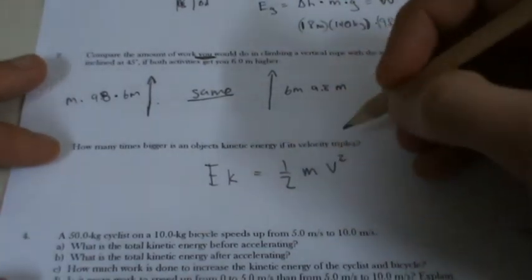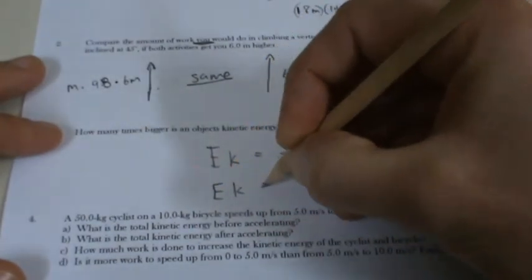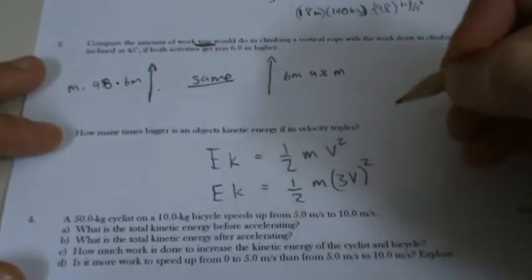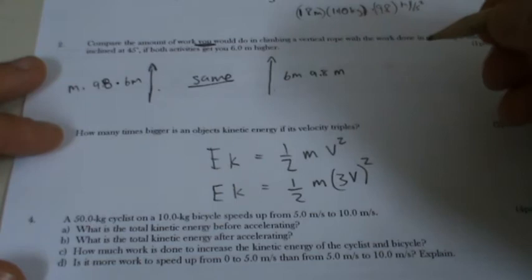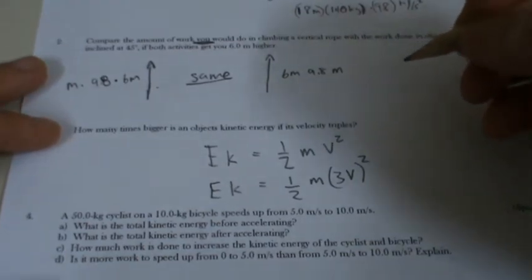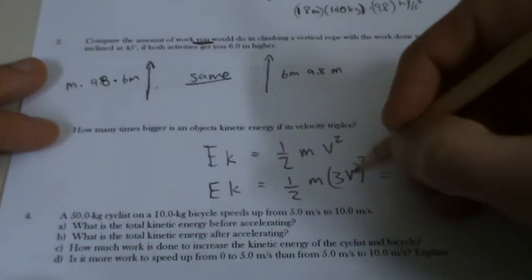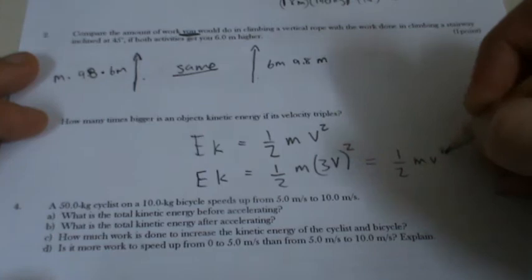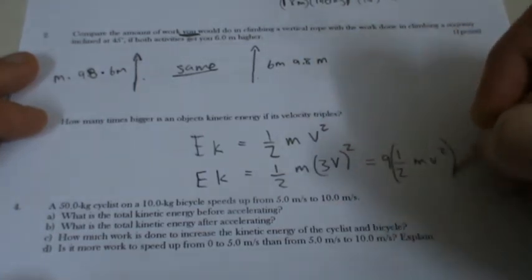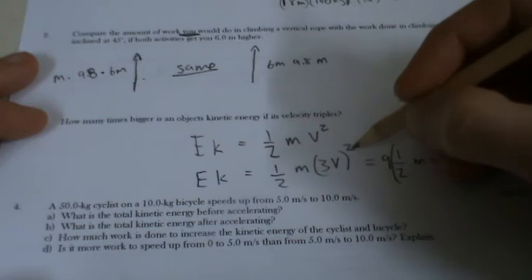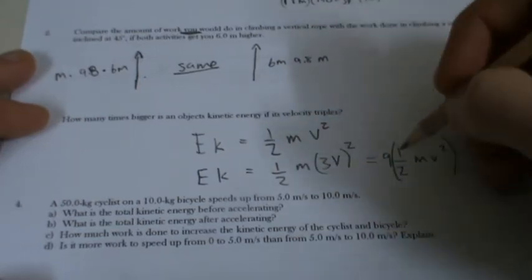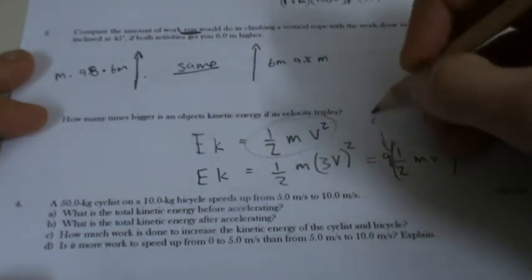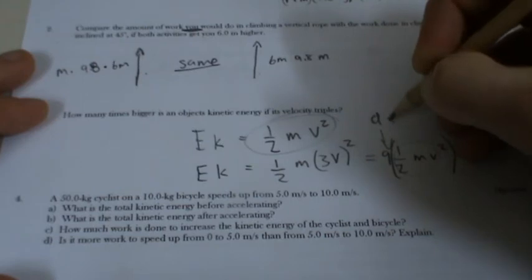If you want to figure out your new kinetic energy, you put in 3 times your velocity. 3 times your velocity, squared, is 9 times larger, so this becomes 1/2 mv squared times 9, because 3 squared is 9, and therefore you get 9 times your old kinetic energy. 9 times.